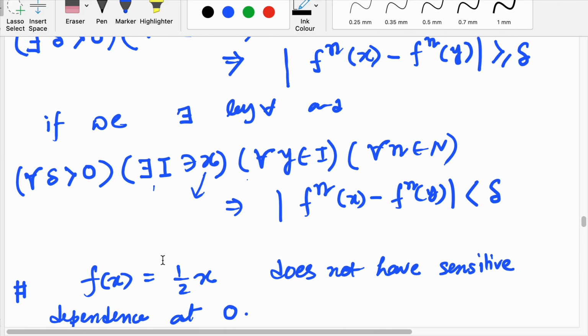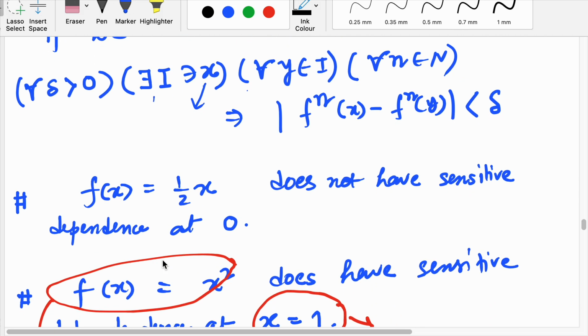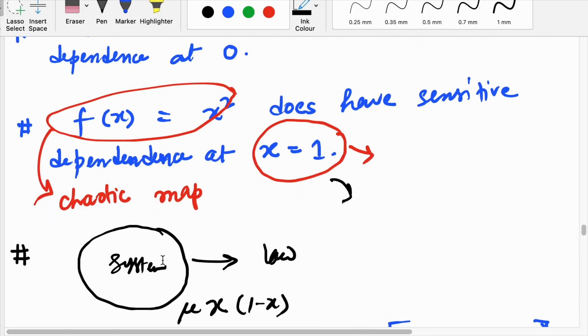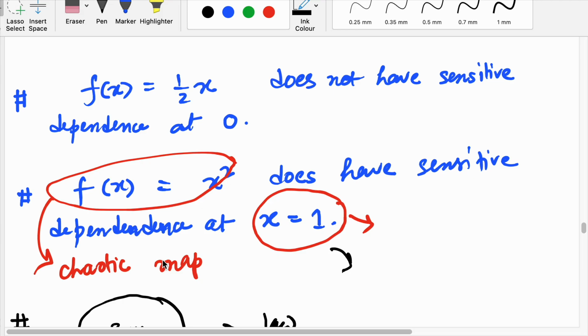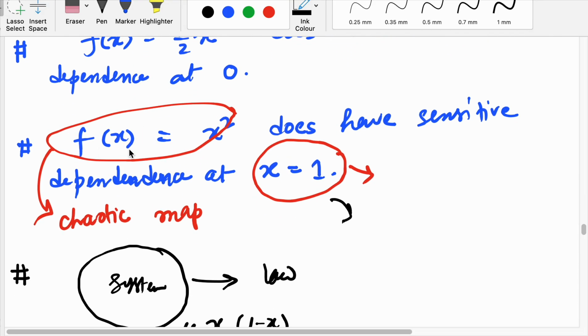So we have proved the sensitive dependence. Now we have seen an example that the function f(x) = x/2 does not have sensitive dependence, whereas f(x) = x^2 contains sensitive dependence at x = 1.